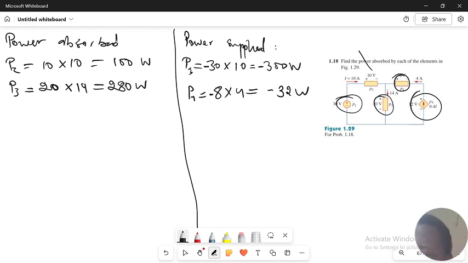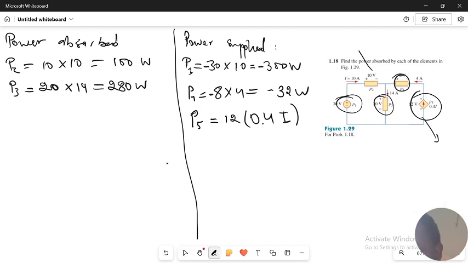Now this P5, is it absorbing or supplying? The current is leaving the positive terminal, which means it is supplying. I will have P5 equal to the voltage, 12 volts, multiplied by the current, 0.4 I. This current is a dependent source, a current-dependent current source, because it depends on currents again.